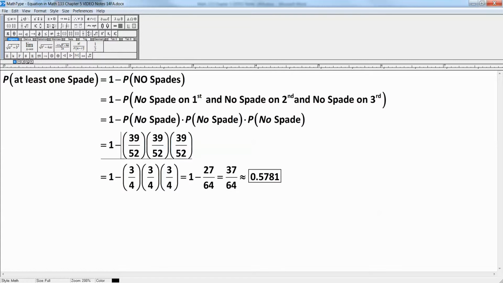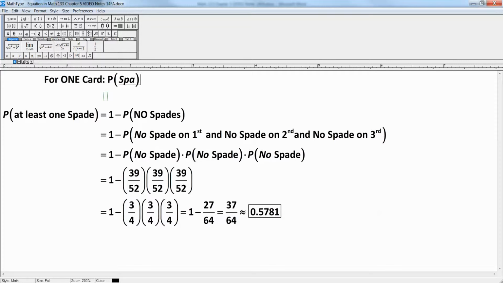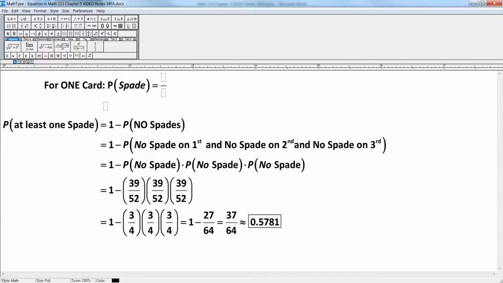There we go, I've got that in there. But 39 over 52, spades are 1/4 of the deck. There are 13 spade cards, right? So if there are 13 spade cards, then there's 39 non-spade cards. As a matter of fact, let me go up here and put that in real quick. So for one card, the probability of a spade is 13 out of 52.